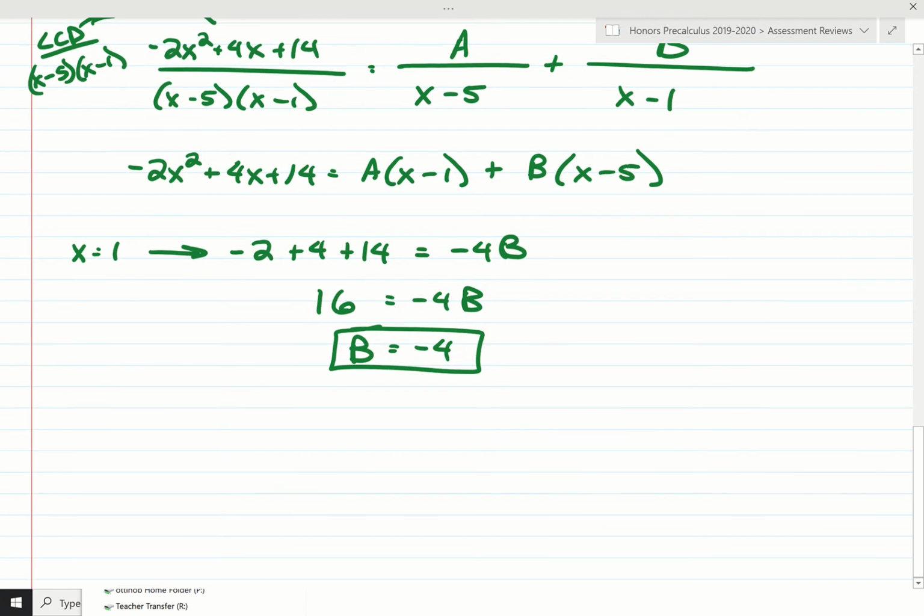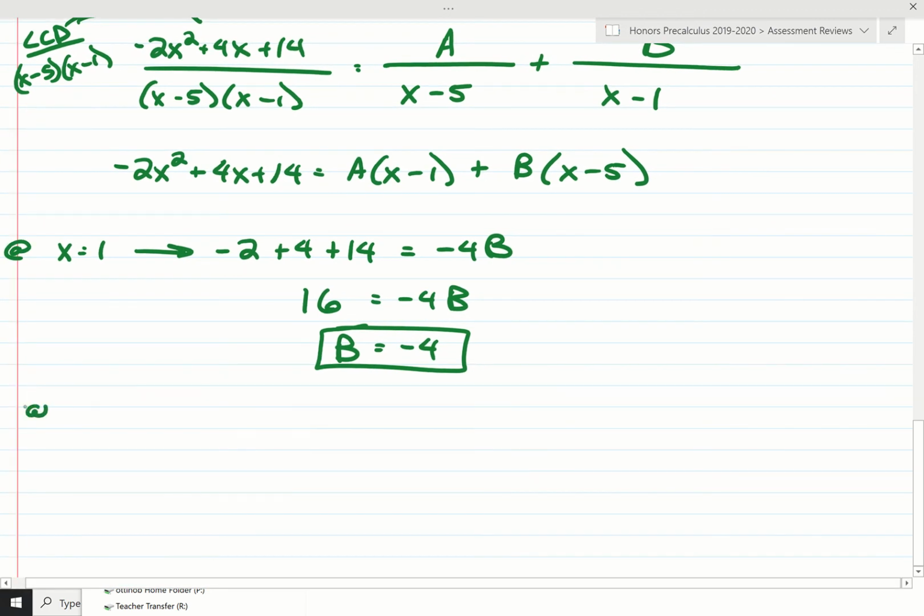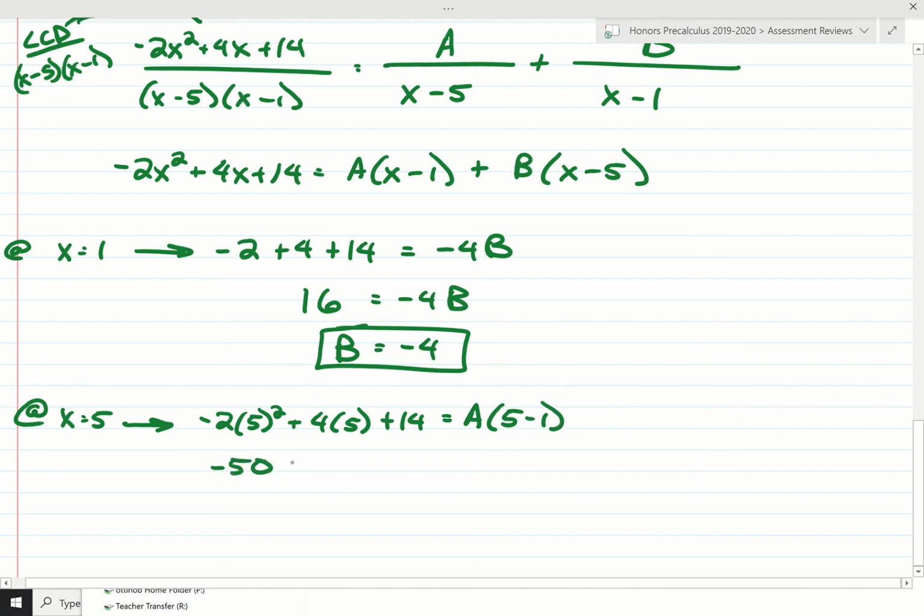If we let x be 5, then we get negative 2 times 5 squared plus 4 times 5 plus 14 is equal to a times 5 minus 1 plus 0. 25 times negative 2 is negative 50 plus 20 plus 14 is equal to 4a.